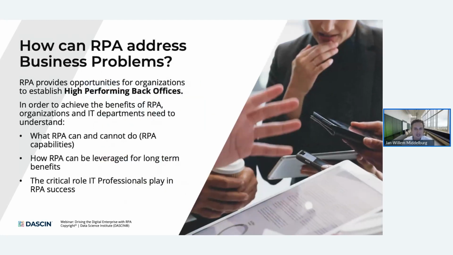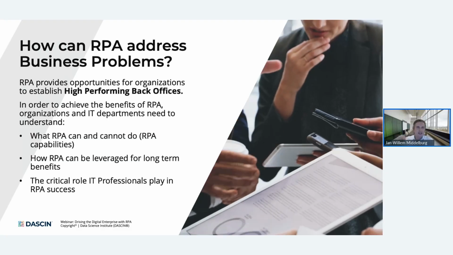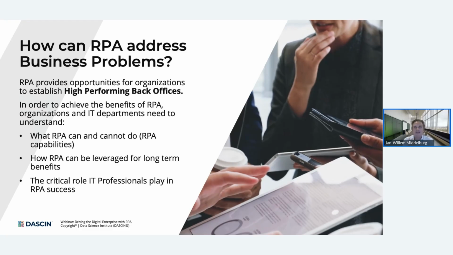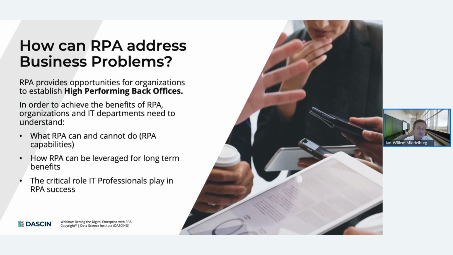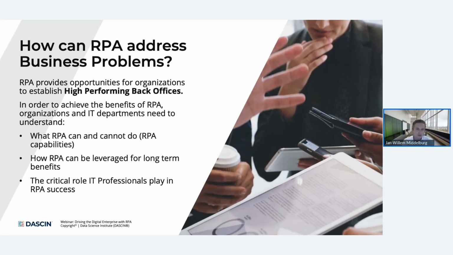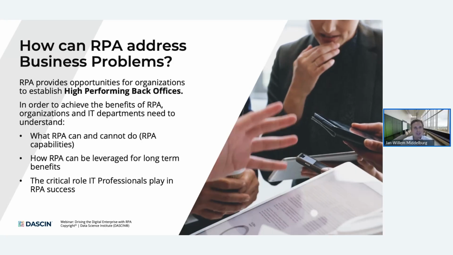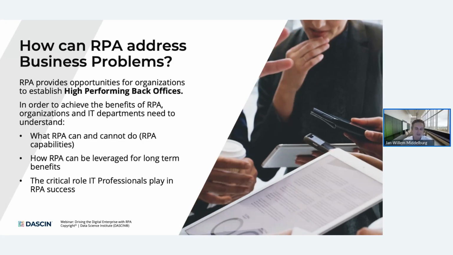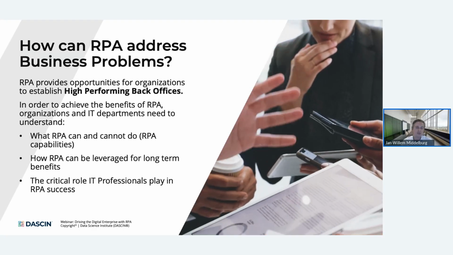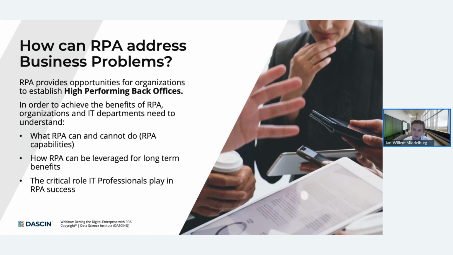Now, why is this an important aspect to take into consideration? It's primarily because RPA, automation, and intelligent automation solutions in general solve real-world business problems. One of the most interesting use cases that automation solutions are used for is to create what we refer to as high-performing back offices.